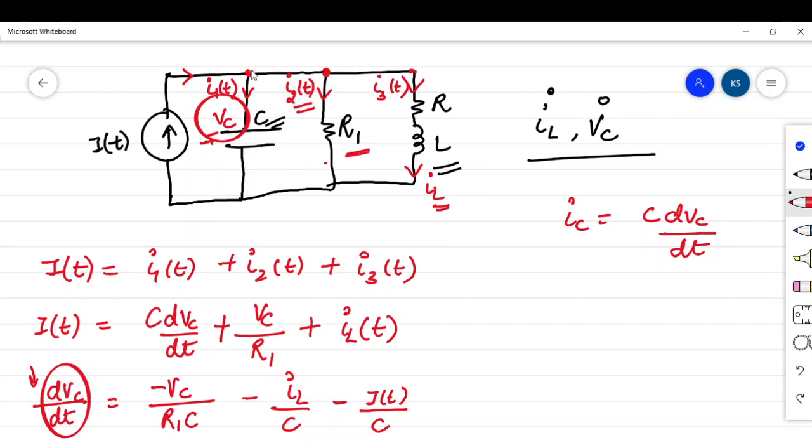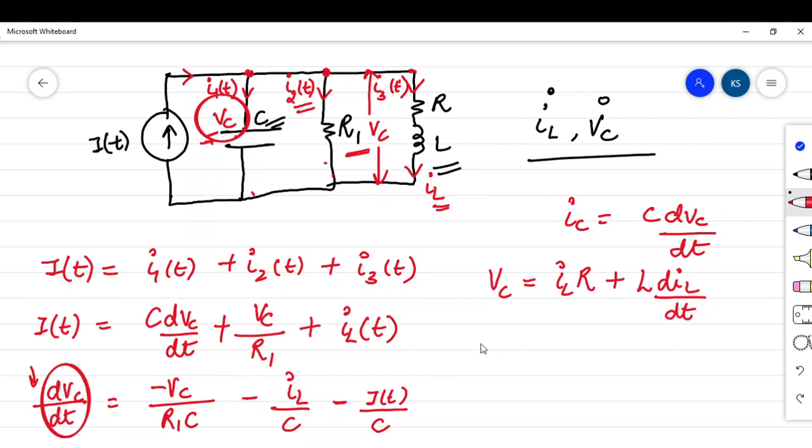From this circuit, we know that the voltage across the capacitor is Vc, which is acting in parallel to all the elements connected. So the voltage across R and L is also Vc. So we can write Vc equals IL into R plus L dIL by dt.